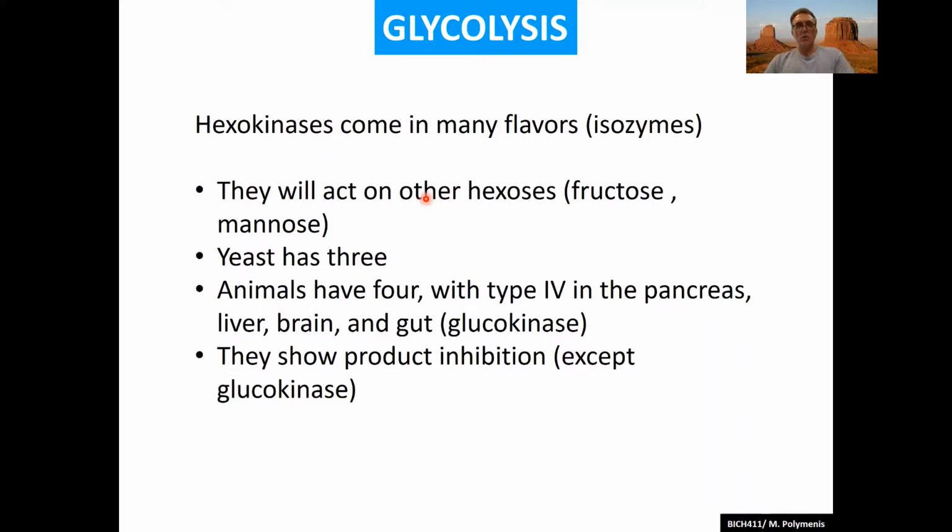And eventually, when you have so much product around, it's going to occupy the active site, and there's not going to be much chance for the reactant to come in and do the reaction and proceed from reactant to product. So that's one reason there is product inhibition. However, in most cases, but not in all enzymes, glucokinase is one of these enzymes that has no product inhibition.